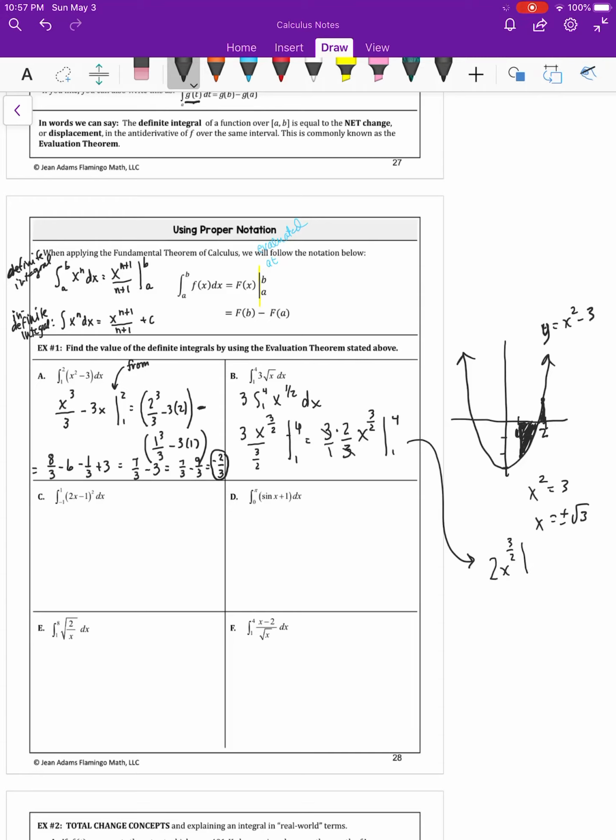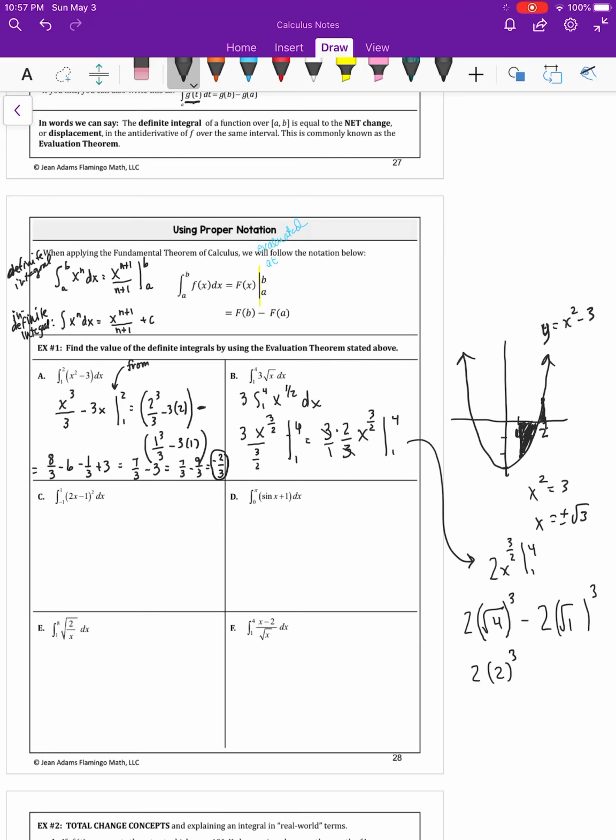So you can see that the 3's will cancel. This is going to give us 2x to the 3/2 from 1 to 4. When I see the 2 in the denominator, I think of square root.